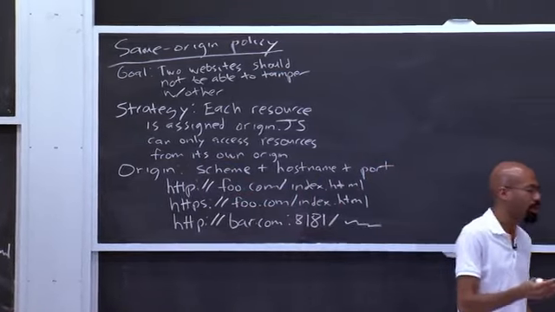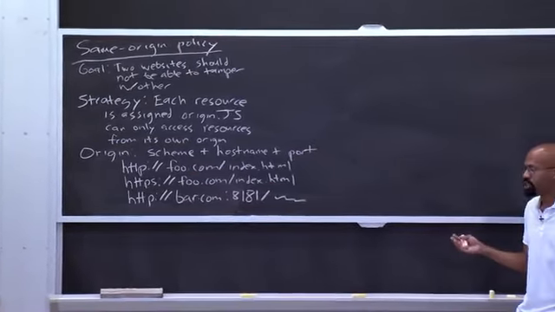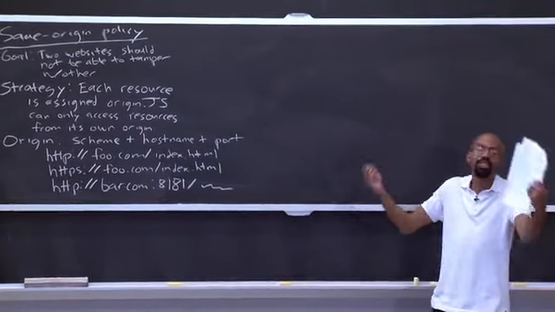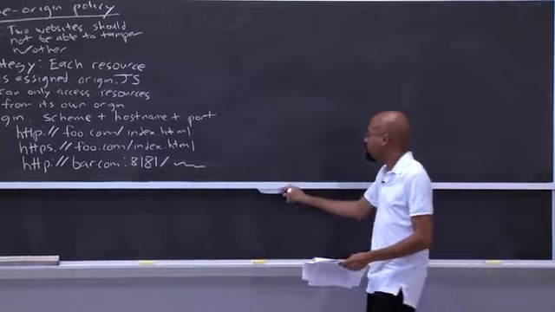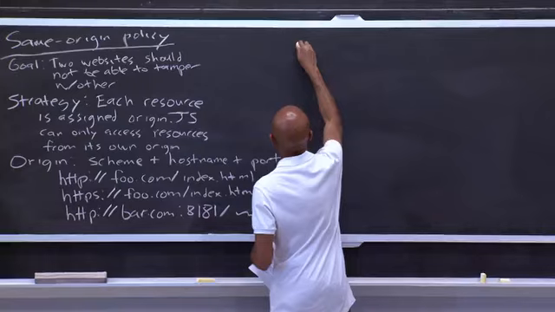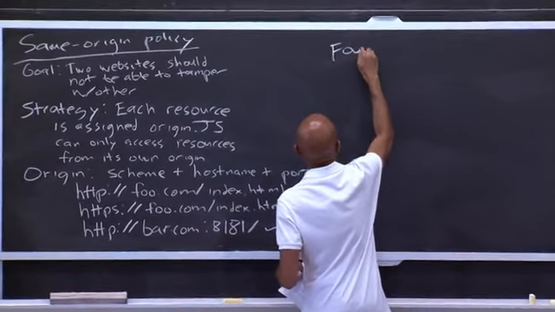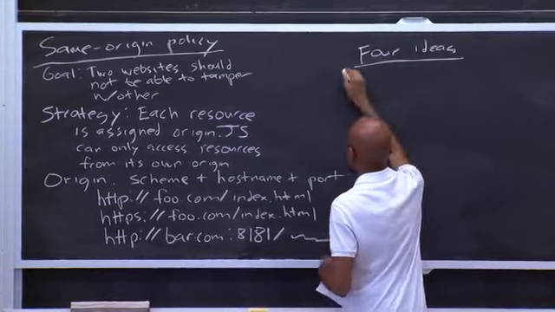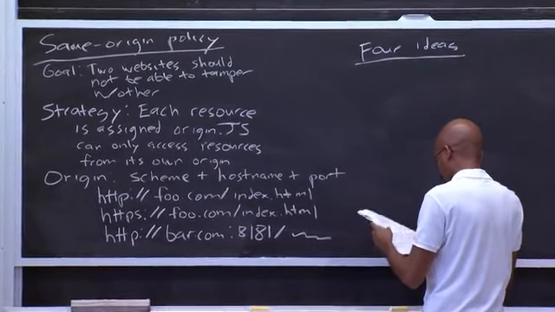Loosely speaking, you can think of an origin as a UID in Unix, with the frame being loosely considered as like a process. So there are 4 basic ideas behind the browser's implementation of the same origin policy.